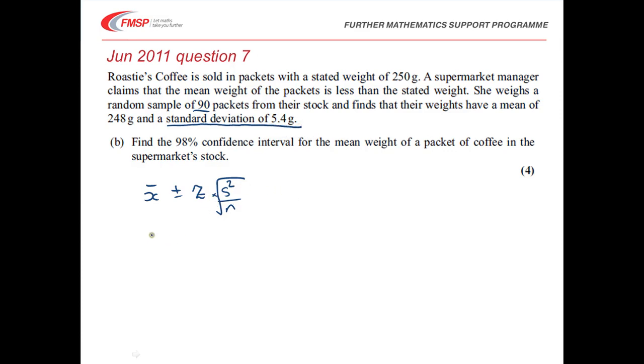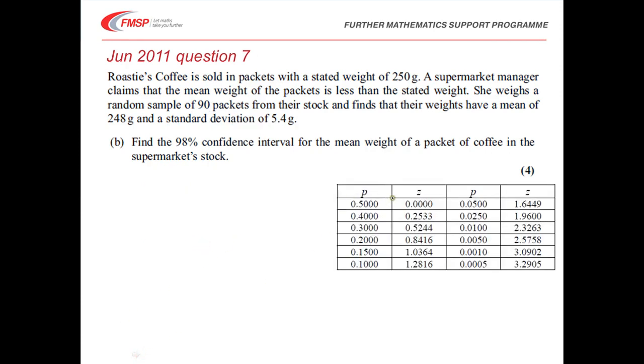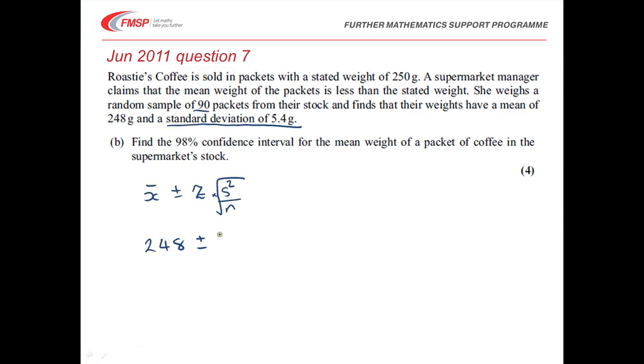So this is going to give me the mean, which is 248, plus and minus. Now the corresponding z value, I'll just show you here, is going to correspond to 99%. So it's going to correspond to that z value there. So that's why I know it's 2.3263. So that's going to be 2.3263, multiplied by the standard deviation, 5.4, over the square root of the sample size.